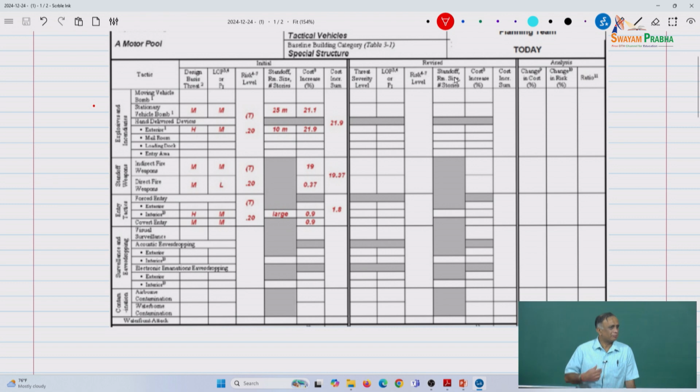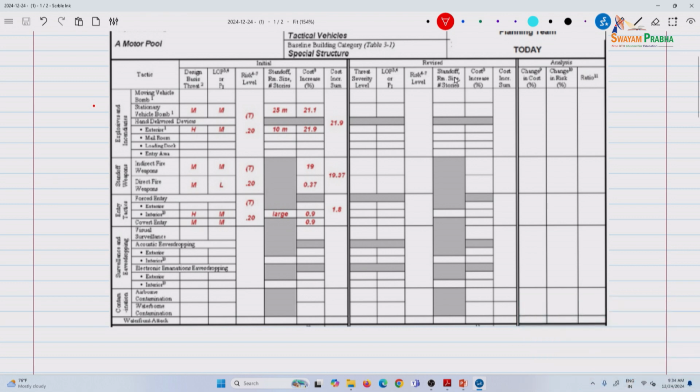But then the planning risk level, if you see, you calculate, and there is a chart out here. So, this gives you the design basis threat and then the level of protection. Then you calculate, in this case the risk level was 0.2. So, most of you were asking, I got less than 0.1 and someone said 0.17.